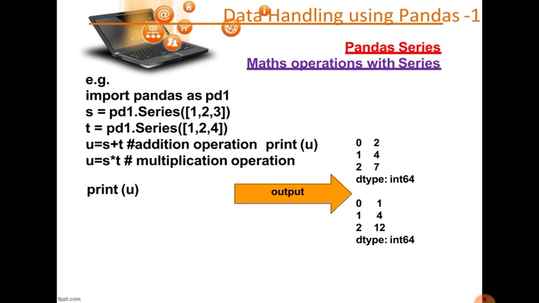Example: import pandas as pd1. s = pd1.Series([1, 2, 3]), t = pd1.Series([1, 2, 4]). u = s + t, addition operation, print(u). u = s * t, multiplication operation, print(u). You can observe the output: 0 2, 1 4, 2 7, dtype int64; and 0 1, 1 4, 2 12, dtype int64.